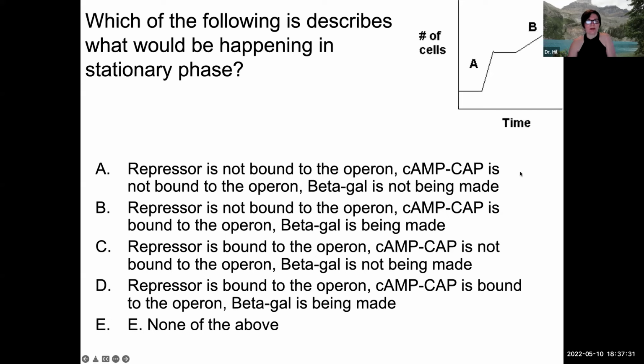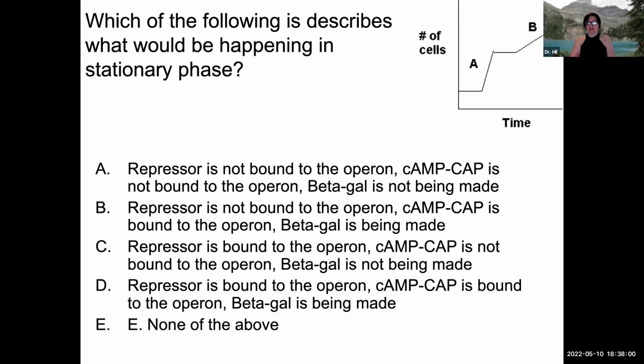All right, let's talk about it. Let's start with the fact that lactose is gone. Lactose is gone. So where's the repressor? Remember, this is the repressor that's not born lazy, born ready. Repressor's born ready, doesn't need lactose to tell it what to do.